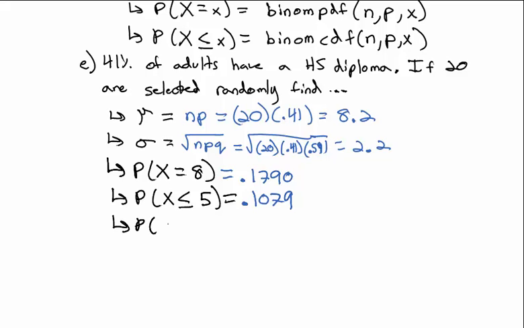We can start to get a little more creative. Let's say we want the probability that we have more than or equal to 9. Now, we don't have a CDF that will do greater than or equal to 9.